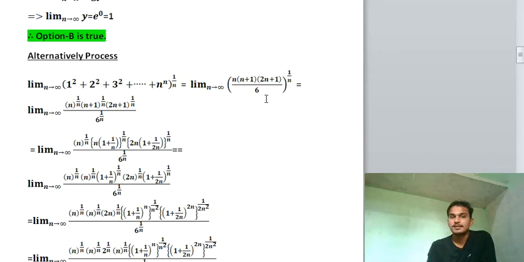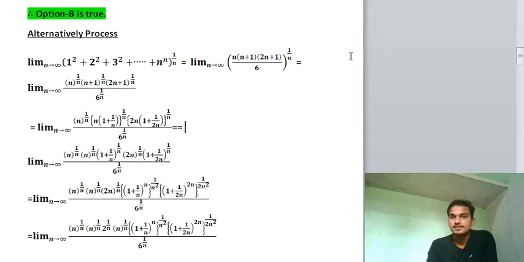In the next step, the power 1 by n applies to each factor: n to the power 1 by n, n plus 1 to the power 1 by n, and 2n plus 1 to the power 1 by n, divided by 6 to the power 1 by n. So 1 by n came for this, so it is n to the power 1 by n, and 1 by n came for this, so it became n plus 1 to the power 1 by n.